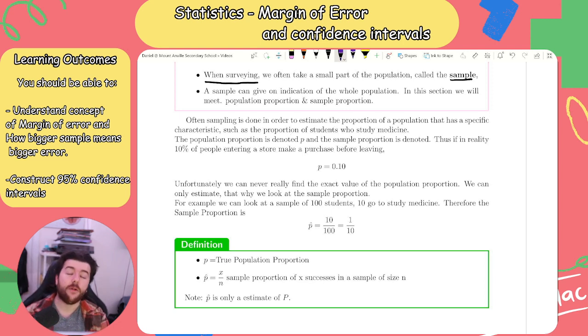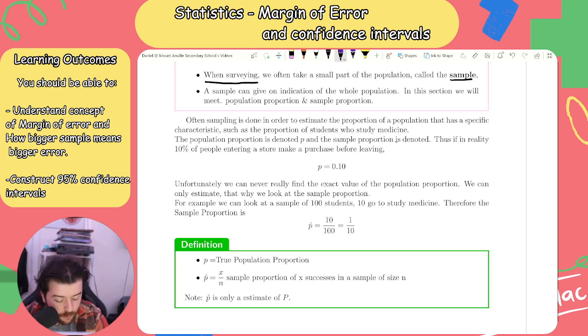My population is the secondary school students of Ireland, and I want to find out what percentage of them went on to study medicine. The population proportion is denoted by P, for population.